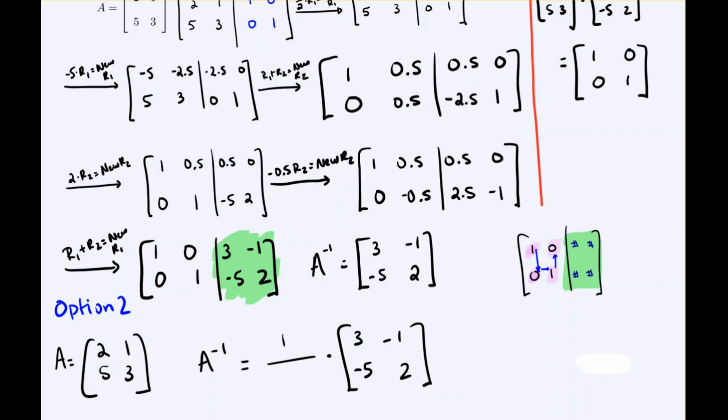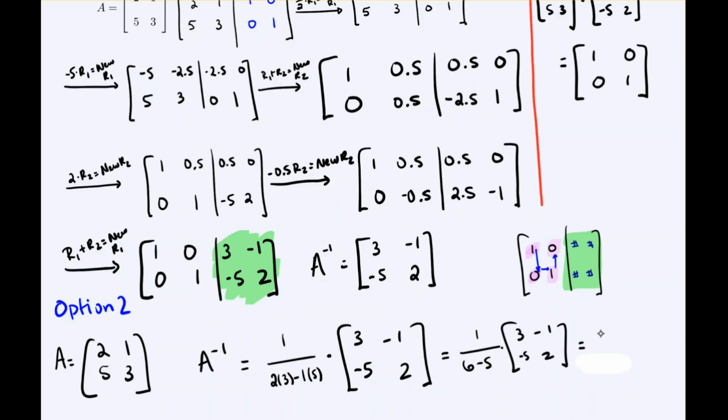And then you multiply by a scalar. What's the scalar? It's found by taking the main diagonal, AD, minus BC. So that's 2 times 3 is 6, minus 1 times 5 is 5, so 6 minus 5 is 1. And that would give us exactly 1 over 6 minus 5 times this matrix.